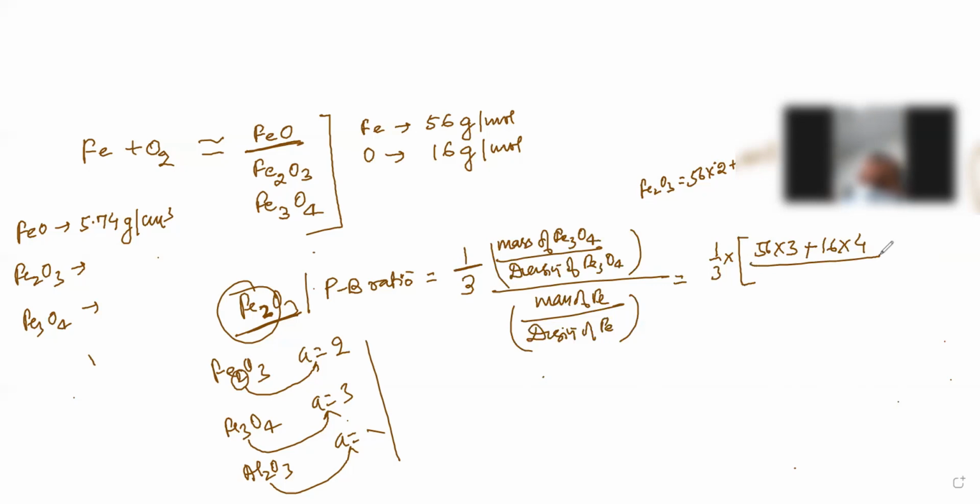Right. Density of Fe3O4, we'll search for it. Let me see. It is 5.17. Okay. And in the denominator, what will be the mass of iron? It is 56 divided by 7.87, right?